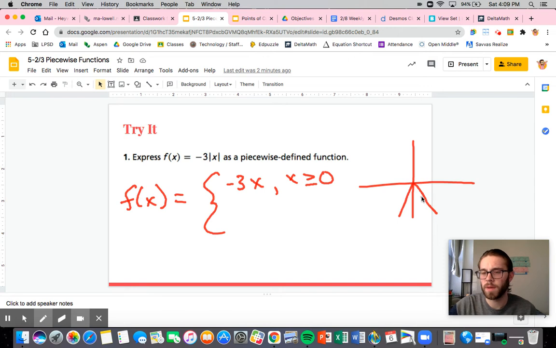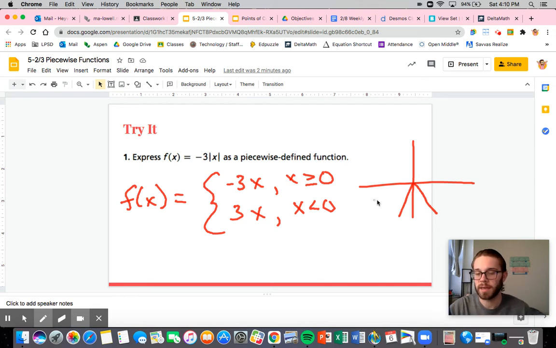And by the way, if you had something that shifted it, you just have to look for things that affect the domain, right? So if I shift it up, that's not going to change anything. But if I shift it left or right and had like negative 2 in here, you might be dealing with 2. Okay, so look at your x coordinate. Really look at the axis of symmetry, and wherever the axis of symmetry is going to be is where you define it. All right, and then negative 3x when x is less than 0.